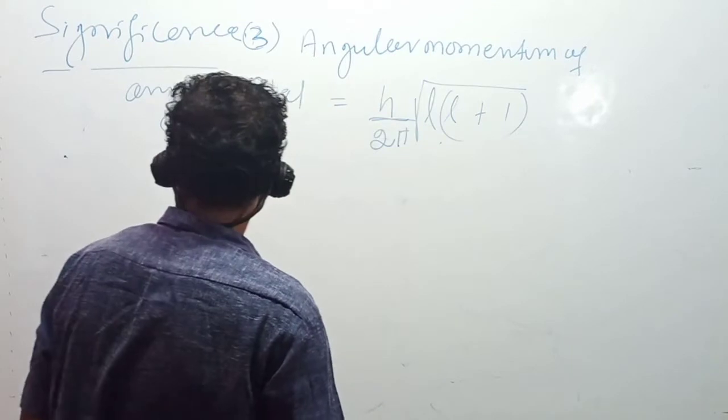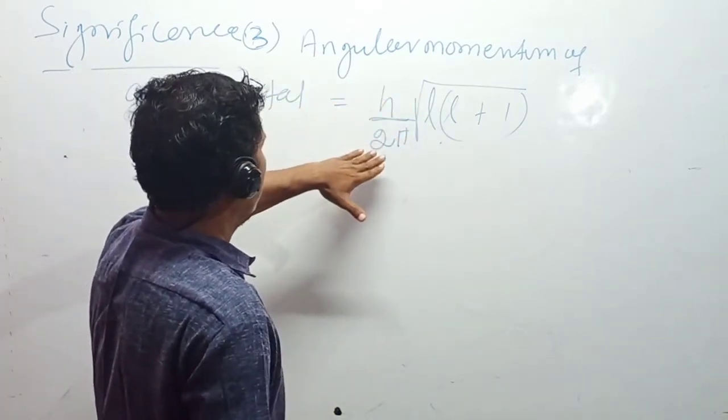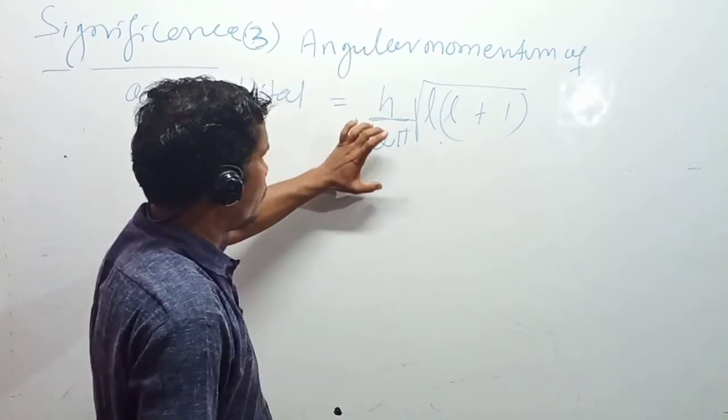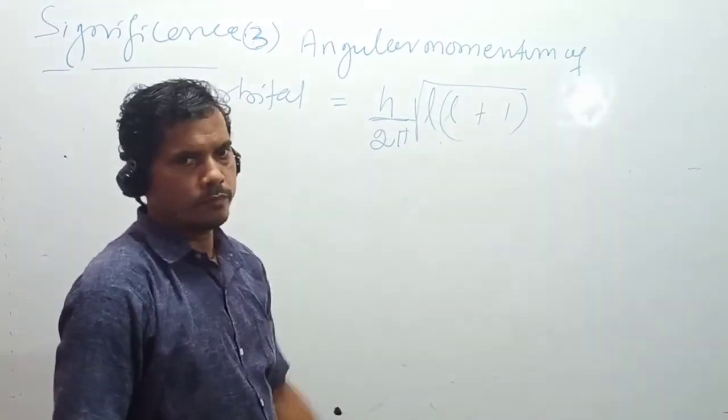So the angular momentum of any orbital is an integral multiple of h by 2 pi, whole into root of L into L plus 1.